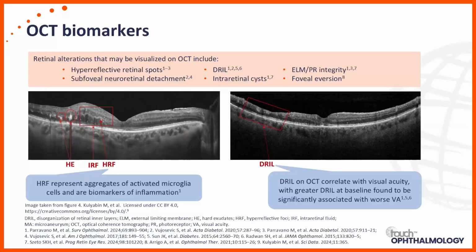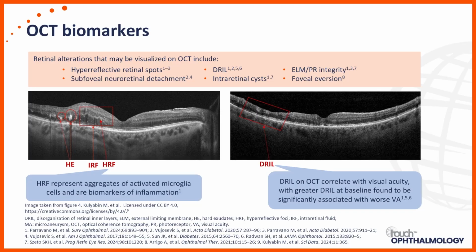Then on OCT, we can definitely evaluate the central retinal thickness. We can evaluate numerous parameters that are signs, for example, of inflammation, such as the presence of hyperreflective retinal foci, and the presence of specific patterns of edema, for example, with subfoveal retinal detachments.